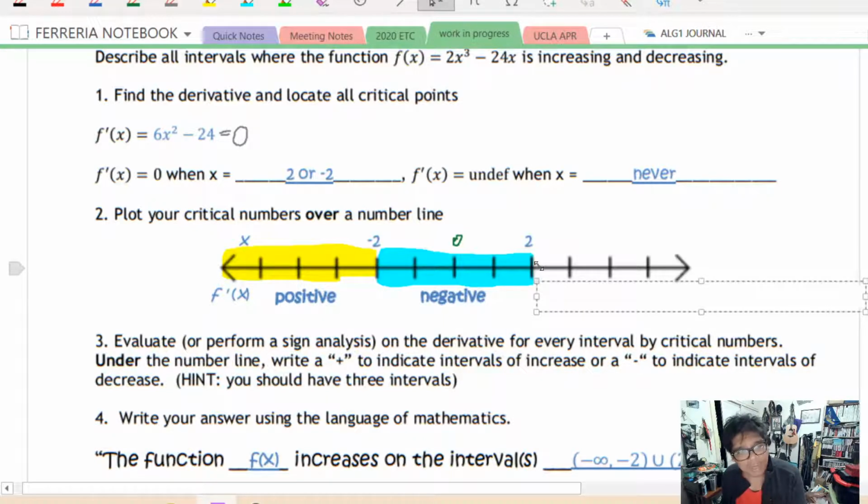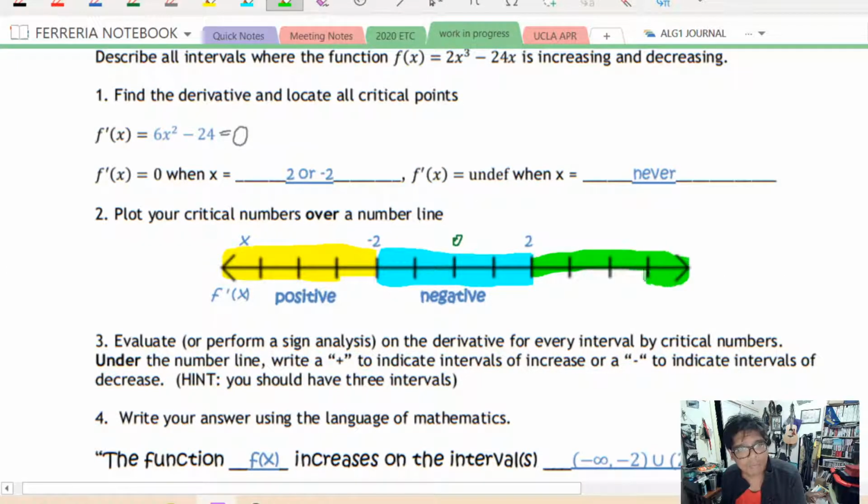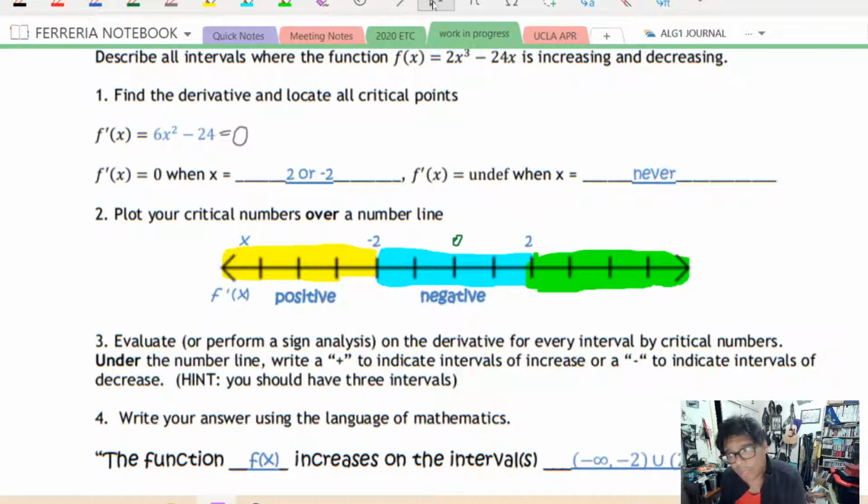And then the last one here, what about from 2 to positive infinity? Let's highlight that in green. From 2 to positive infinity, I'm going to have to evaluate that. And if I don't want to rely on the calculator, I better pick a number that's easy to evaluate, let's say something like 100. Okay. 100 squared is 10,000. 6 times 10,000 is 60,000. 60,000 minus 24.